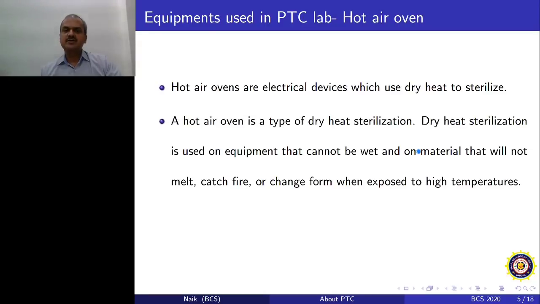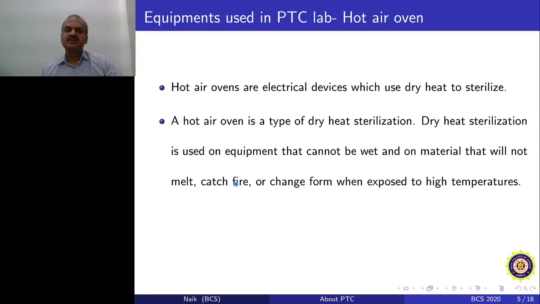So typically the hot air oven is a type of dry heat sterilization, and this dry heat sterilization is used on equipment that cannot be wetted first, and on material that will not melt or catch fire or change form when exposed to high temperature. When I'm saying that it should not melt, that technically means you should not use any plastic ware which is not temperature sensitive or thermosensitive.